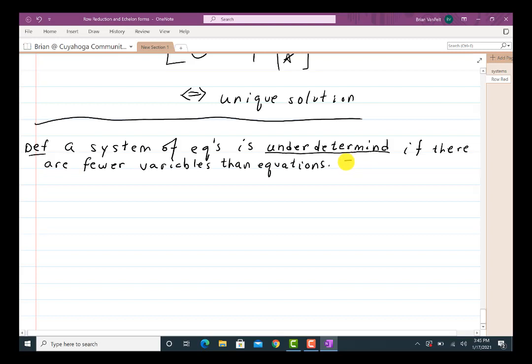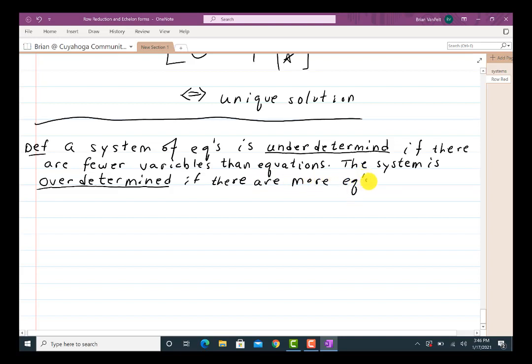The system is overdetermined if there are more equations than variables.